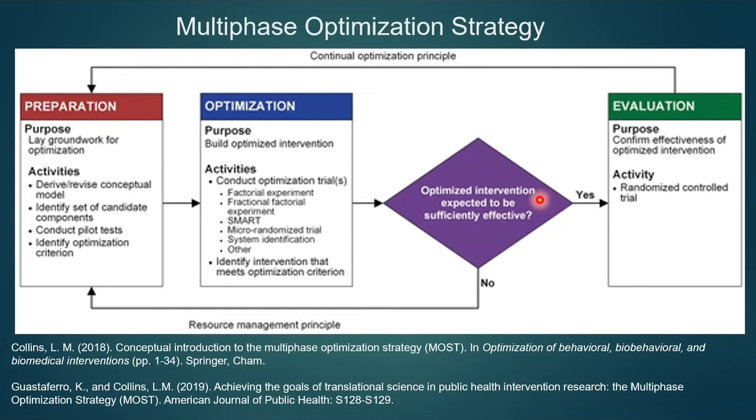And that's what the MOST strategy is. How it's different from the randomized studies we've talked about before is that it has these very smart preparation and optimization phases. So we're giving our intervention package the very best shot of succeeding in the randomized trial where we're investing a lot of resources.